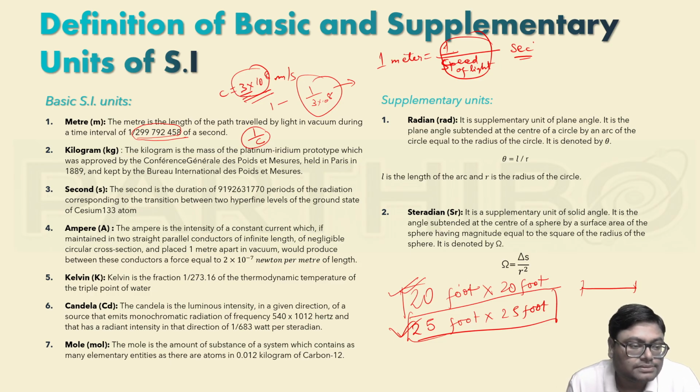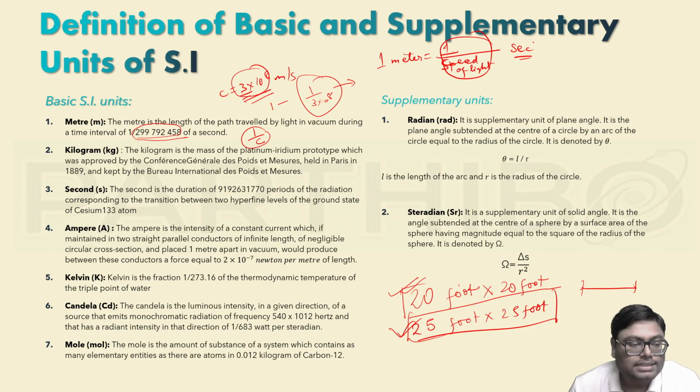Now the kilogram. The kilogram is the mass of a platinum iridium prototype which was approved by the Conference Generale des Poids et Mesures held in Paris in 1889 and kept at the Bureau International des Poids et Mesures.